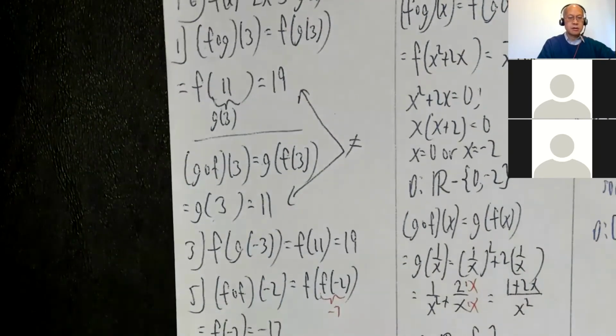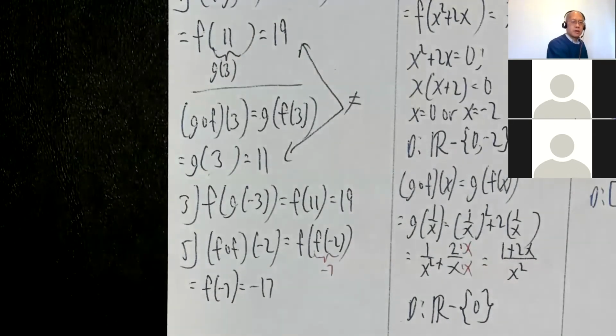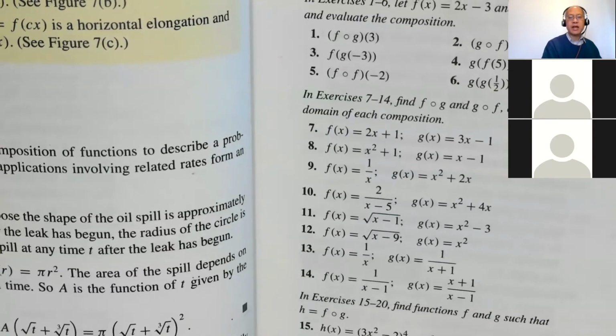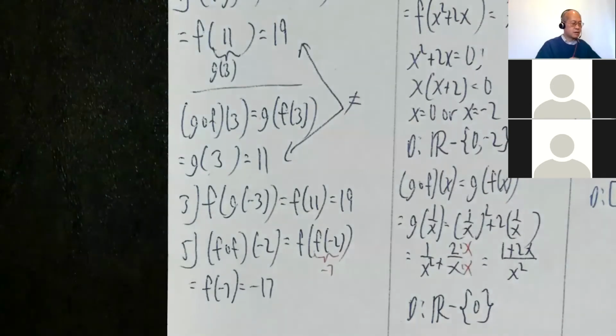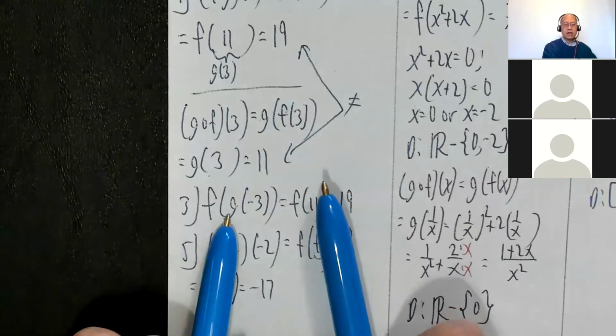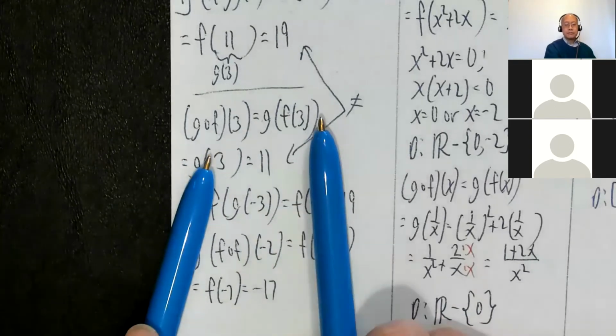Okay, number 3, f of g of -3. F of g of -3. So oh, there's too much stuff. I get confused. Don't even look at the whole thing.